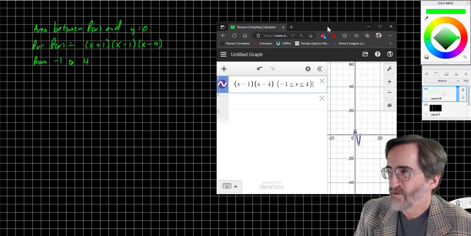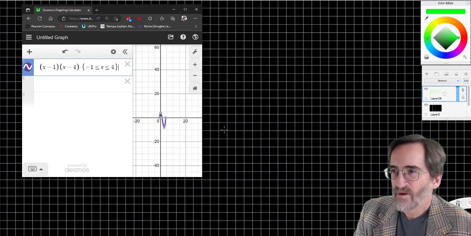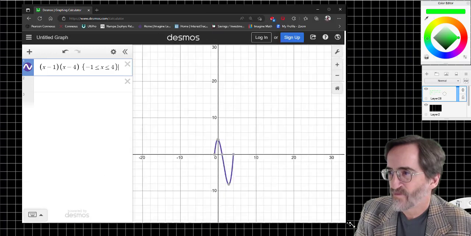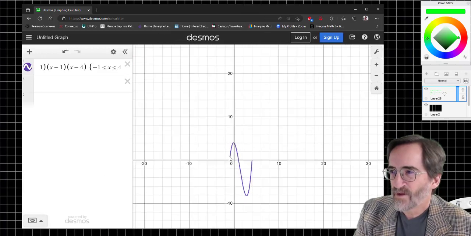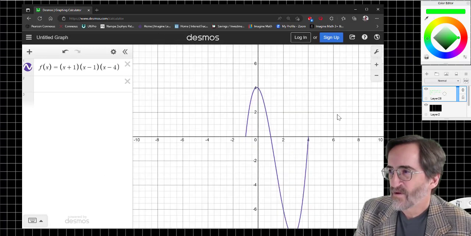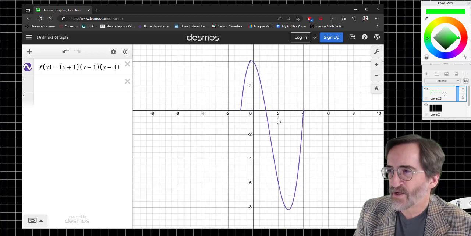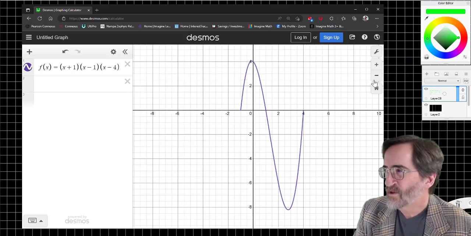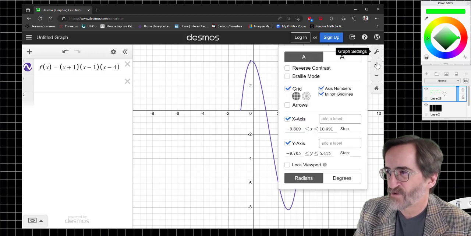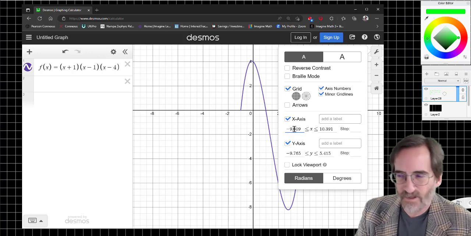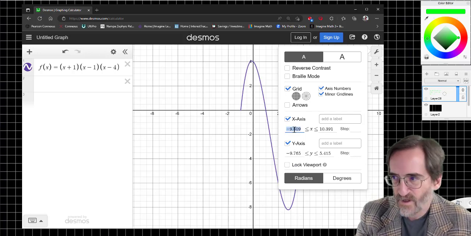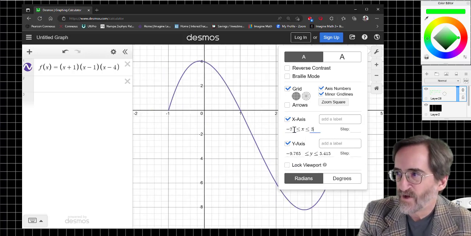Okay, and let's have a look-see at that. Back to standard zoom, and then let's stretch it out horizontally from -2 to 5 on the x-axis. There we go.